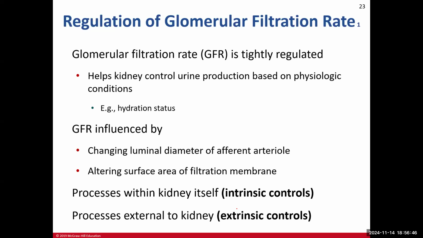We'll make it easy for stuff to get filtered through, or we'll make it hard for stuff to get filtered through. So there's two ways to do this. We have intrinsic controls, which means the kidney is going to do it all by itself. And then we have extrinsic controls, things that are outside of the kidney.